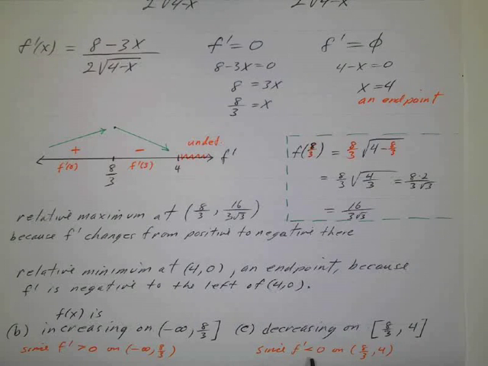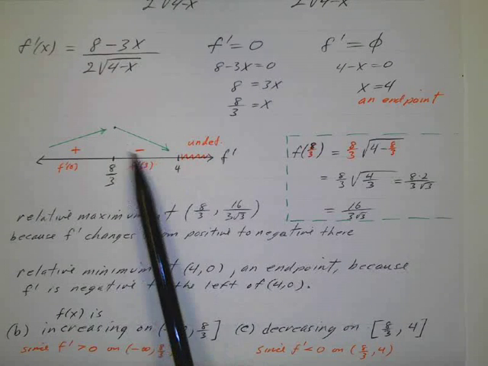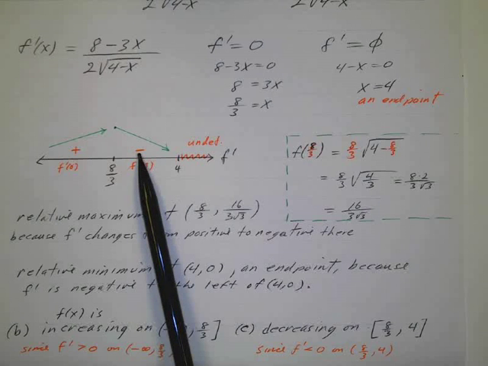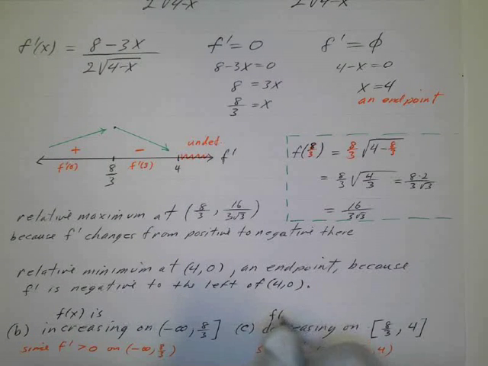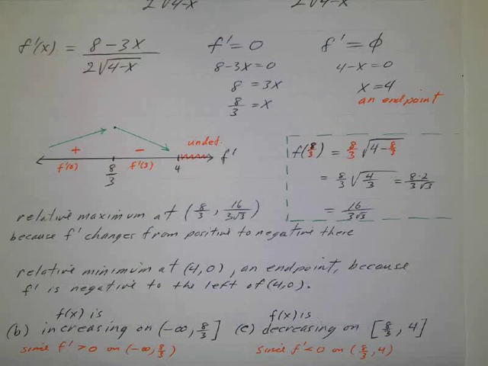And since f prime is less than 0 on 8/3 to 4, then the function f of x is decreasing on 8/3 to 4 inclusive.